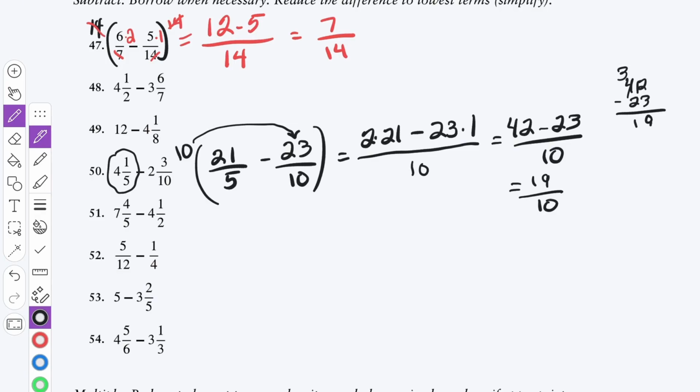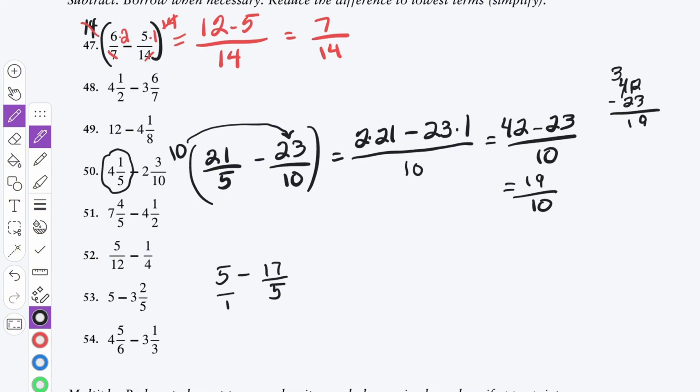That's a little different. So 5 minus, let's see, that'll be 3 times 5 plus 2, which is 17 over 5, right? So we only have one denominator, so it has to be 5, okay? So in order for me to, I'm going to do this the old-fashioned way.